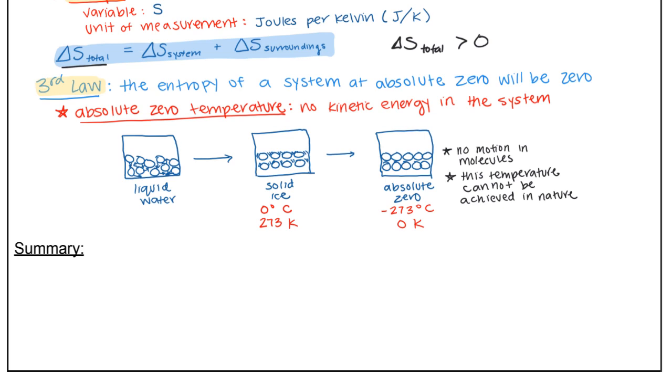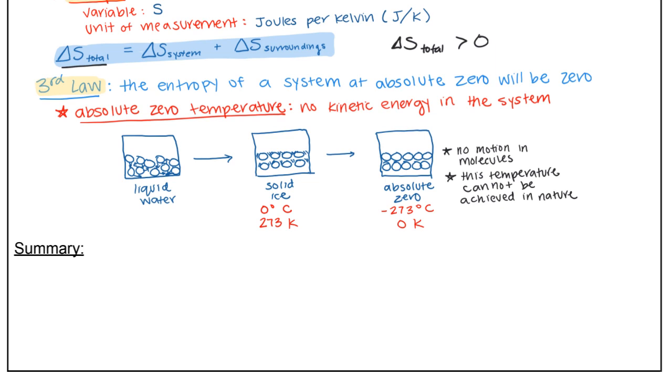They can slide past each other, and they take on the form of whatever container they are in. They're obviously not bouncing off the walls like a gas. They don't have as much kinetic energy as gases do, but they do have quite a bit of kinetic energy and movement in their liquid form.